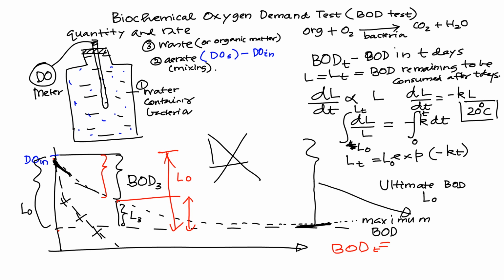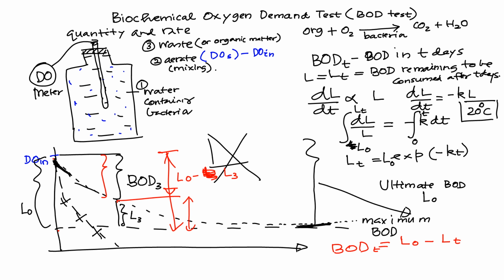So L0 minus L3. Similarly, BOD T at any time is given by L0 minus LT. I hope you understand this particular test and the equation that goes with it.